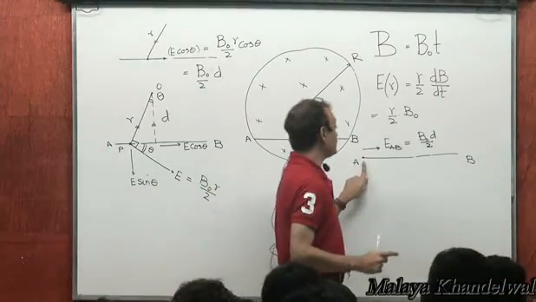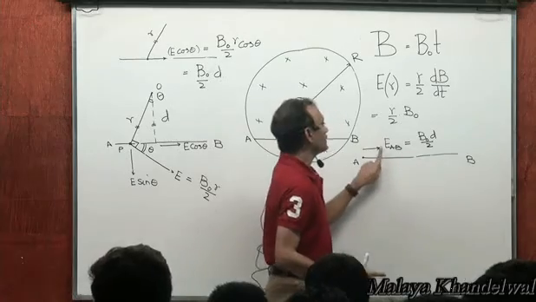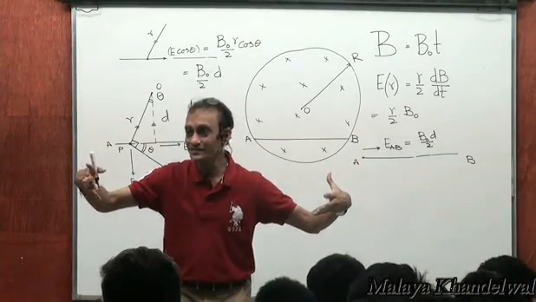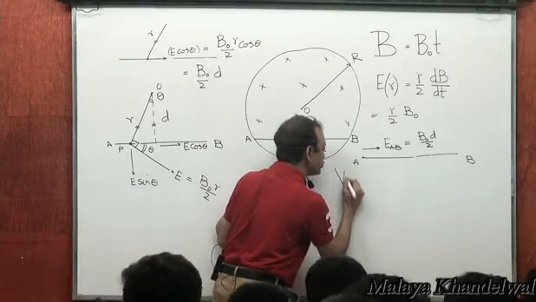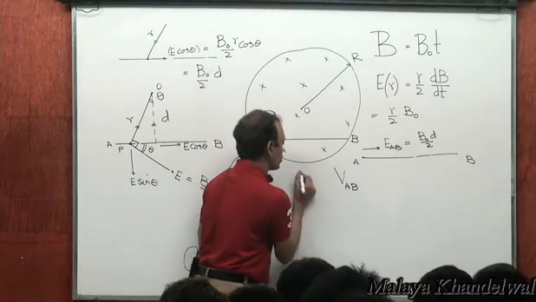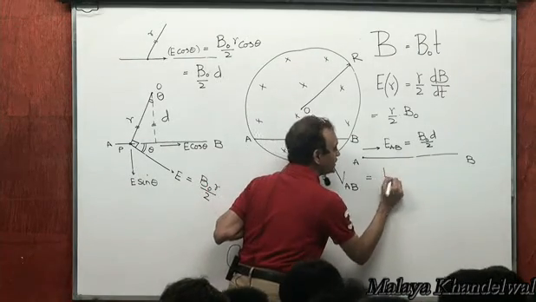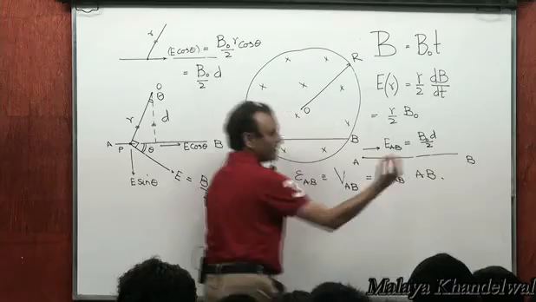And if I have to find the potential that a uniform electric field drops from A to B, it's going to be EAB into the length AB. That is the potential that drops, which will be the induced EMF. So the potential that drops from A to B, and is also the induced EMF across AB, is EAB into the length AB.